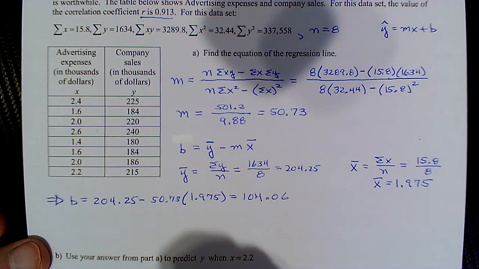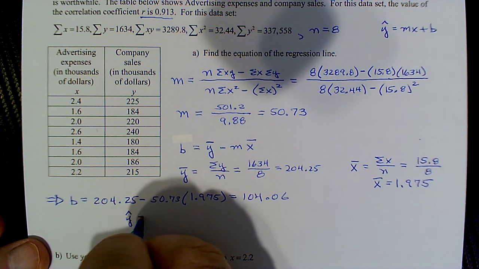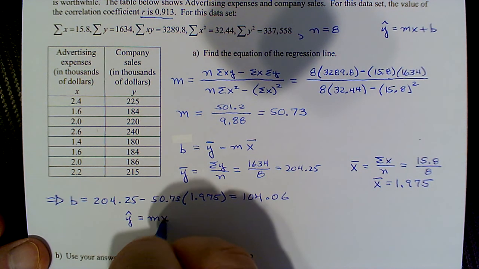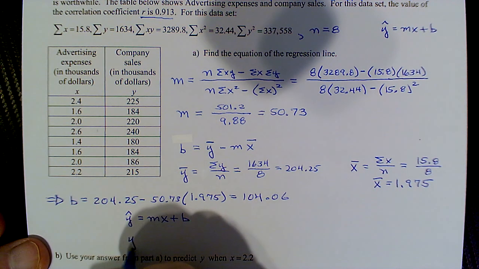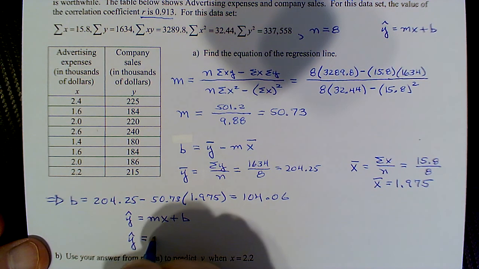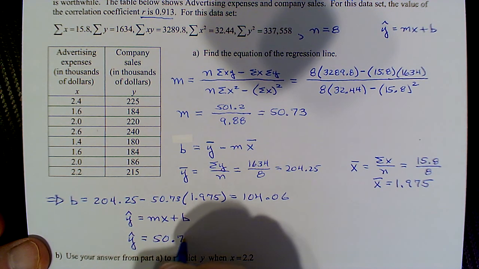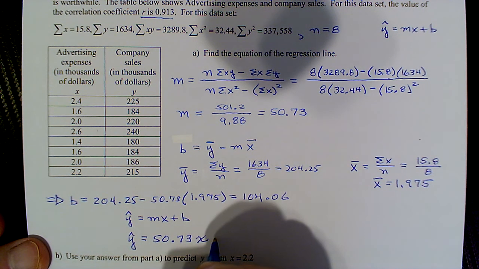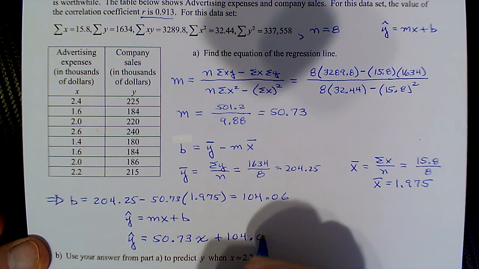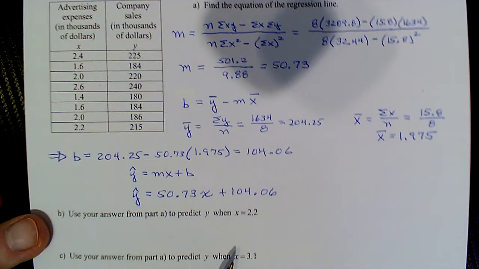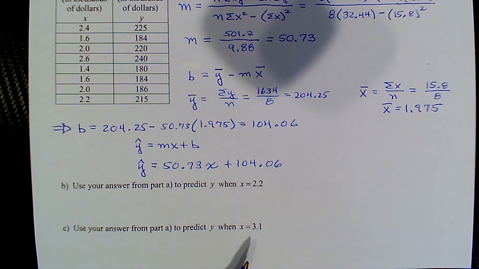So now the equation, again they say y cap or y hat is mx plus b. So our equation is m, 50.73, times x plus b, the 104.06. So now we can predict values of y for certain x values.